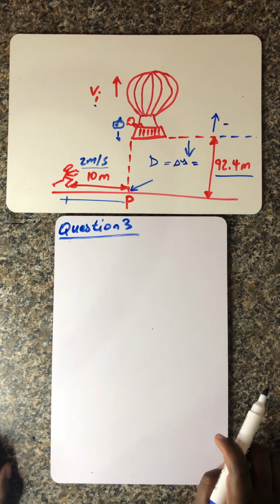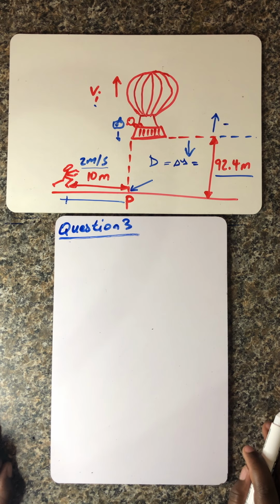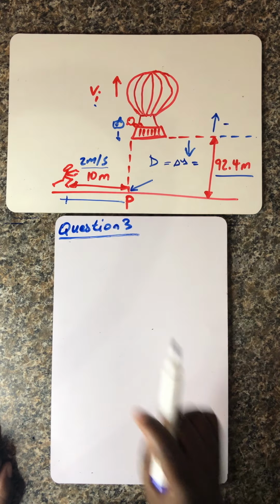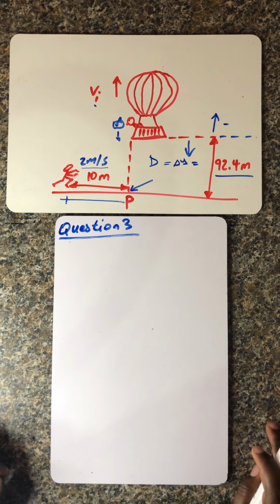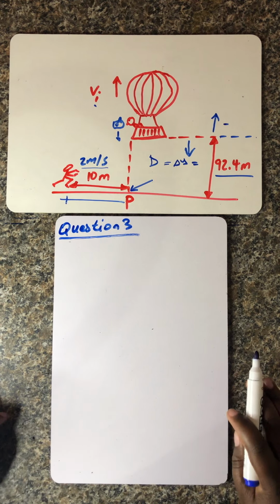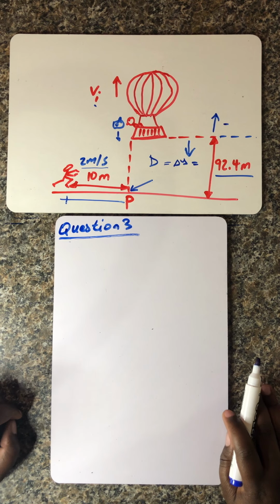Now they want you to show by means of calculations if this runner will be able to catch that camera before it hits the ground. You can show this in 2 ways.